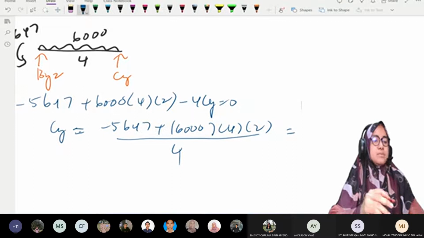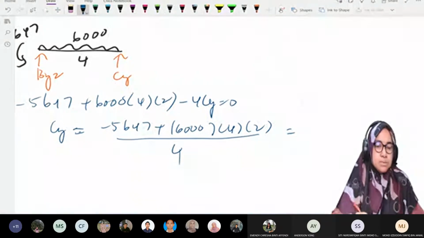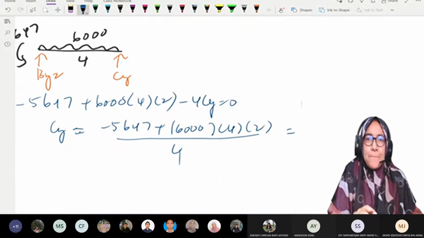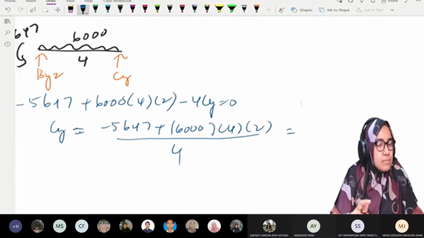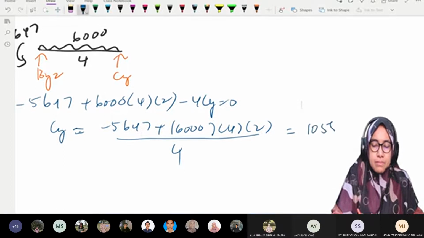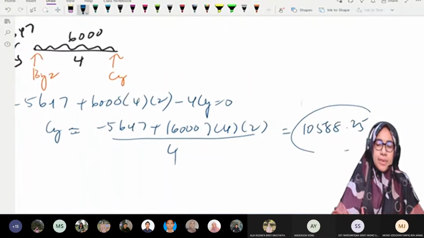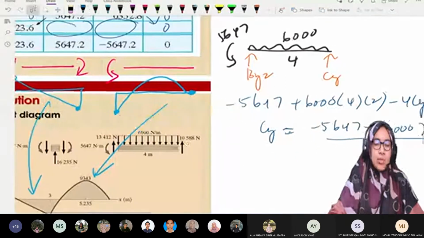What do you get? 1058.25. So value ni, okay, is the CY value kan?